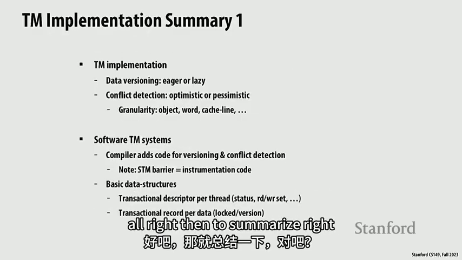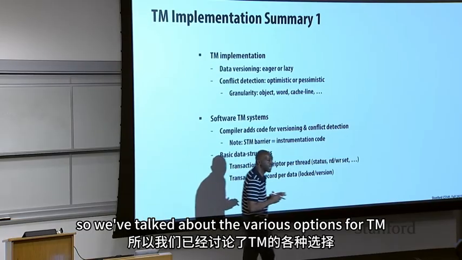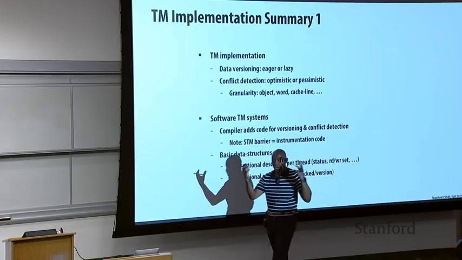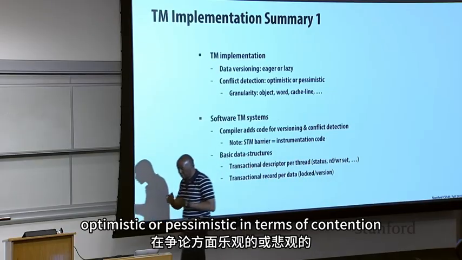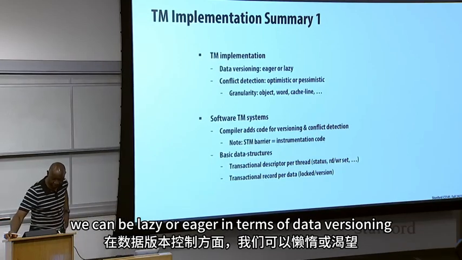All right, then to summarize, we've talked about the various options for TM implementation. We can be optimistic or pessimistic in terms of contention. We can be lazy or eager in terms of data versioning.